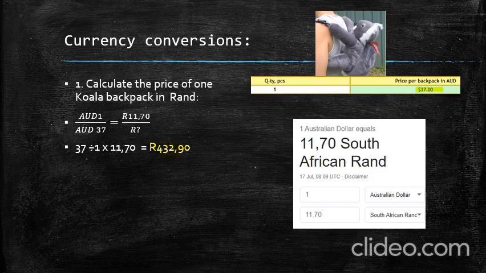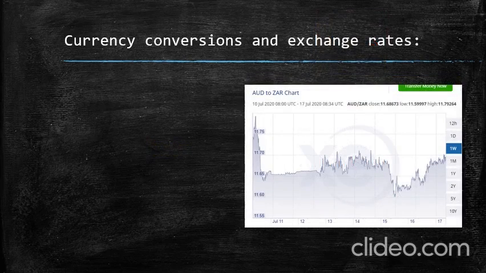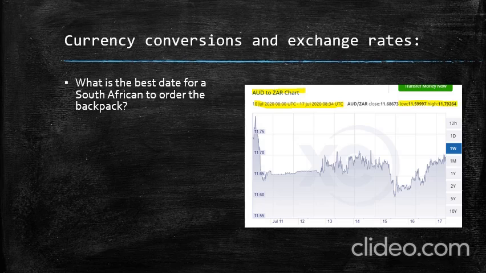So just remember, if we look at all the different trends, we can look at something like this. It's still the Australian dollar to the South African rand, and it's a time period of a week. What you can see here is it gives you a low and it gives you a high. So that means they can ask questions like, what is the best date for a South African to order the backpack?